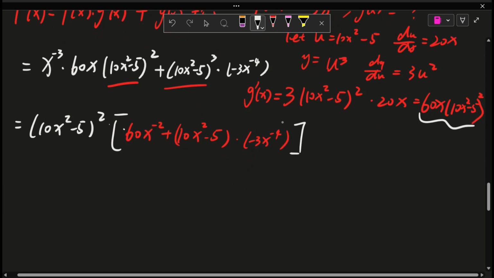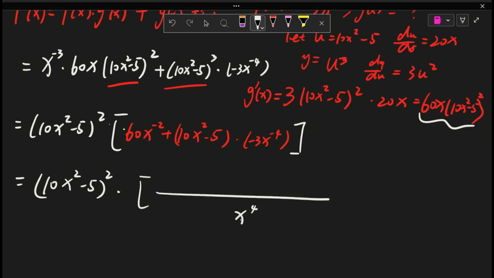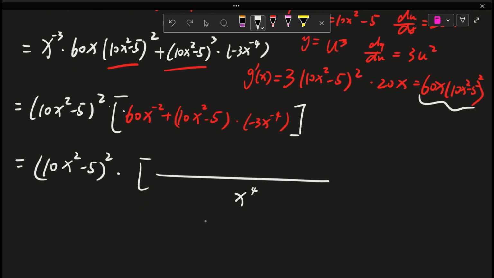And you could write it as a fraction, but I don't mind if you leave this one. Well, why not? We're doing a little bit extra. (10x squared minus 5) squared times the inside bracket becomes a fraction, so x to the power 4. And that becomes 60x to the negative 2 and minus 30x squared.